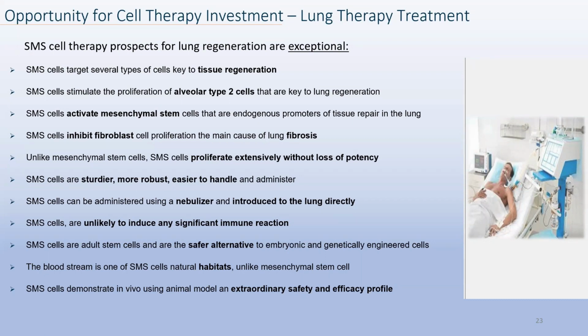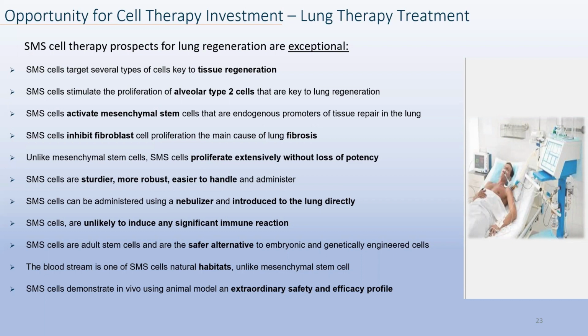SMS cells are adult stem cells and are the safer alternative to embryonic and genetically engineered cells. The bloodstream is one of these cells' natural habitat, and that is unlike mesenchymal stem cells.